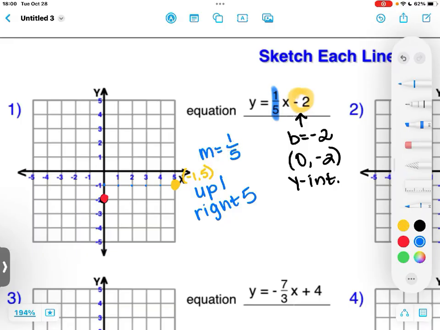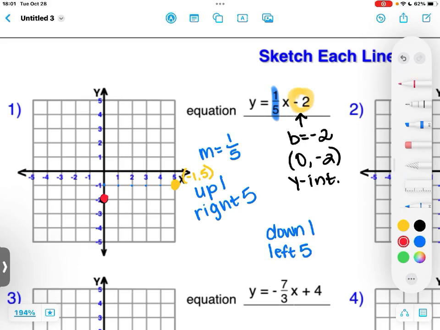Something that we could do though is go the opposite direction in both to give a nice solid line and just have 3 points. So if we went up 1, we can also go down 1. And vice versa, if we went to the right 5 units, we can also go to the left 5 units.